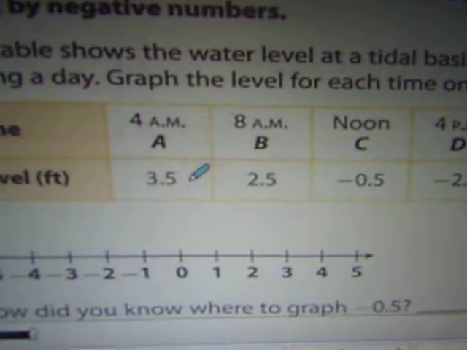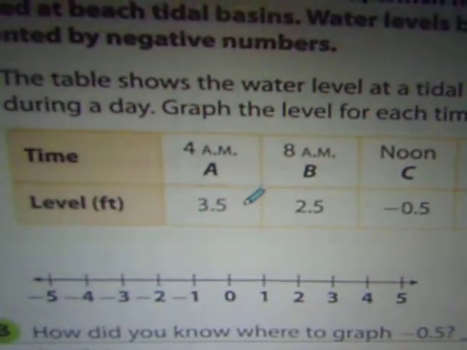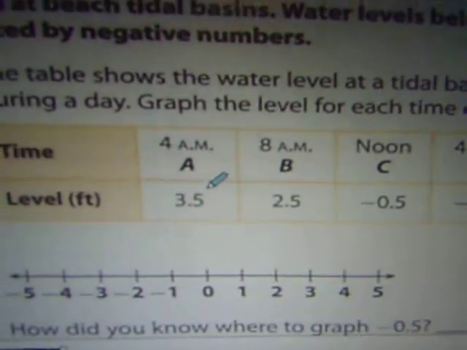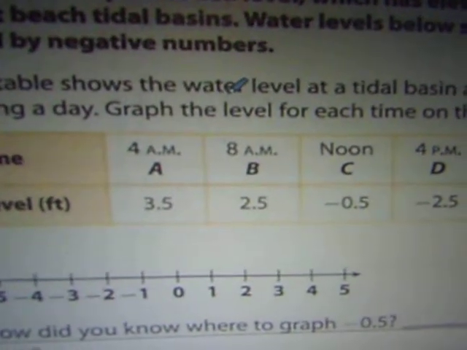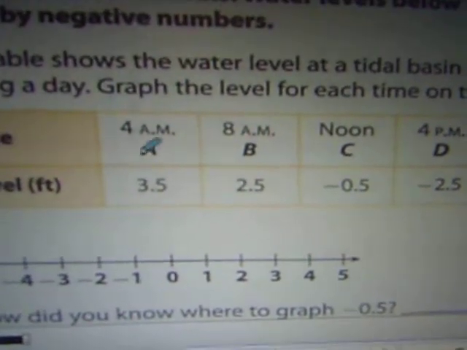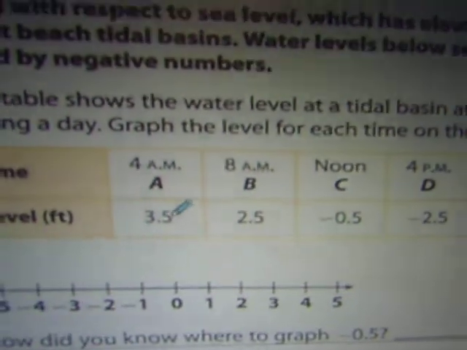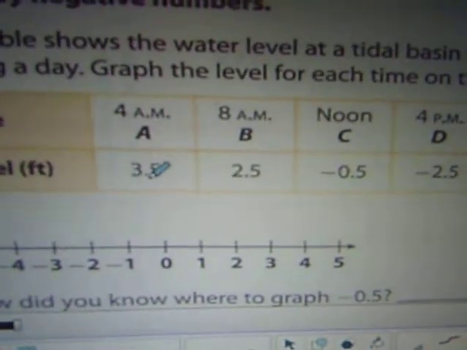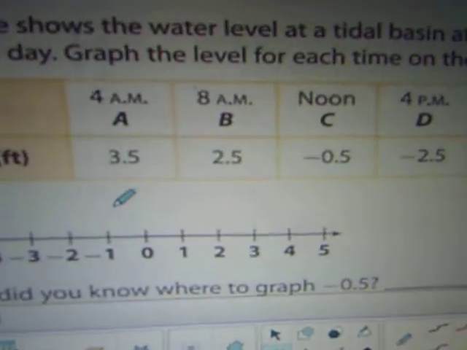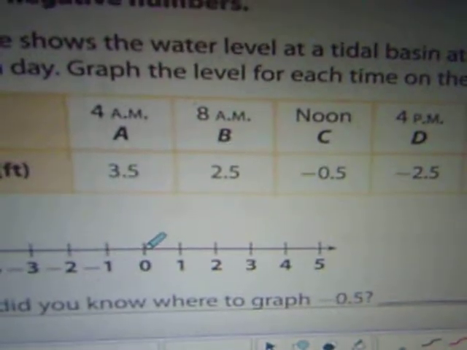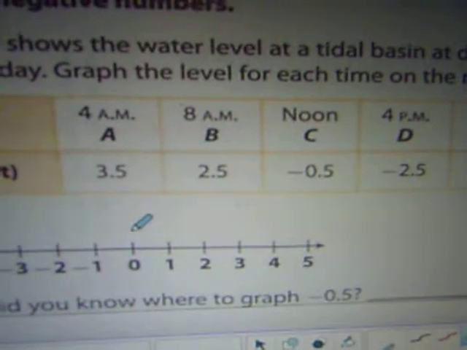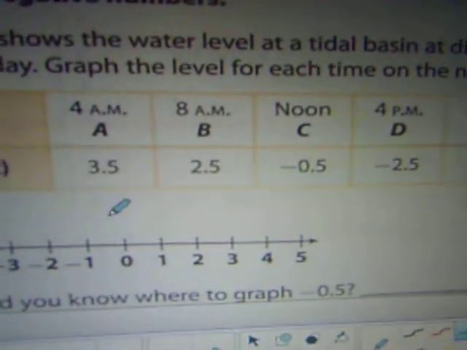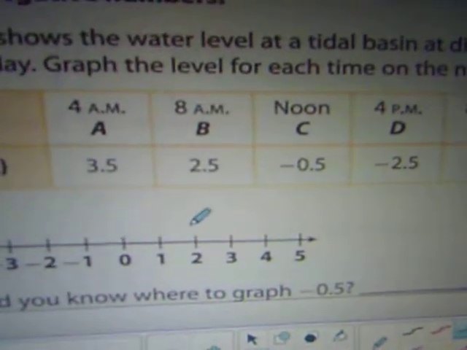So let's first look at this number, 3.5. What this represents in the problem, I didn't read the problem, is the water level of a tidal basin over time. So the water level is positive 3.5. So we start at 0. We're going to the right because we're going in the positive direction. The whole number is a 3, so we must at least move to the 3.